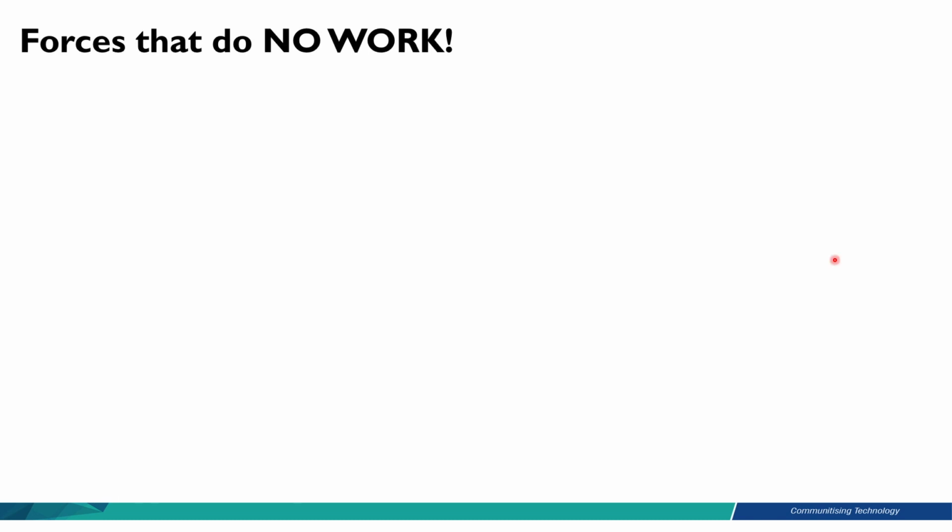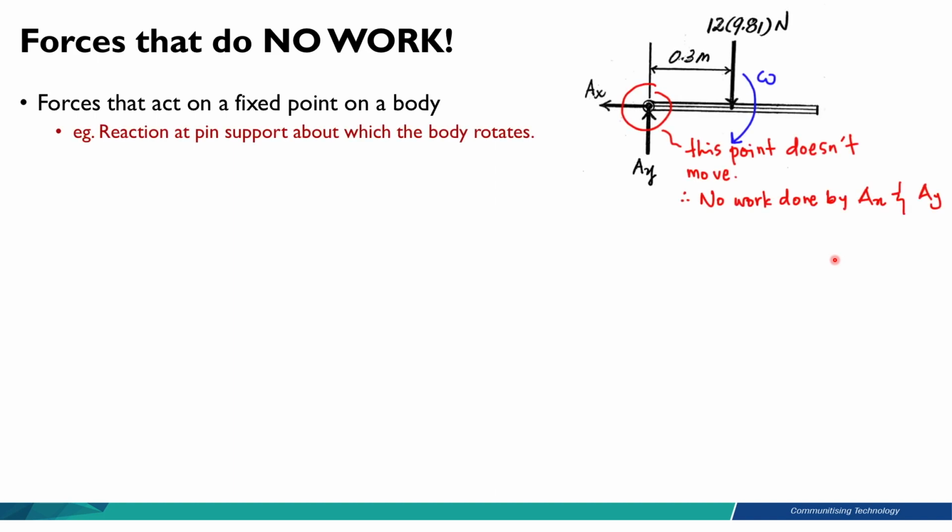There are also a few forces that do no work. For example, the forces that act on a fixed point on a body. An example of this kind of force is a reaction at a pin support about which the body rotates. For example, we have a rigid body here, pin connected at point A, and it is rotating with an angular velocity of omega about point A. Point A is the center of rotation.